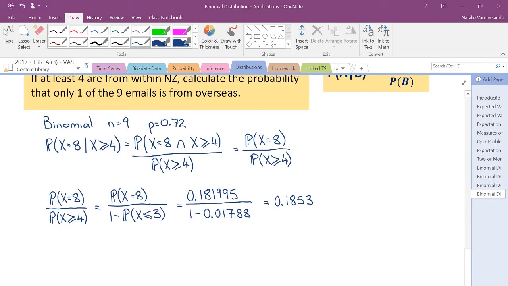Remember to put your final answer to at least 4 decimal places. And make sure you don't round too early when you're doing your working. So there's 2 examples of how to use applications with the binomial distribution.